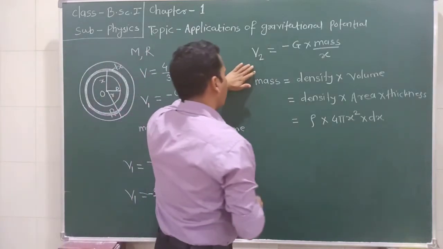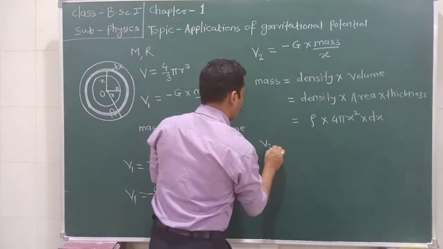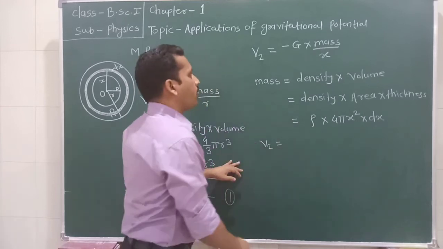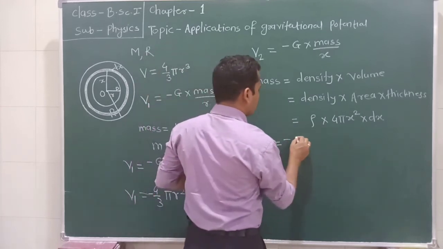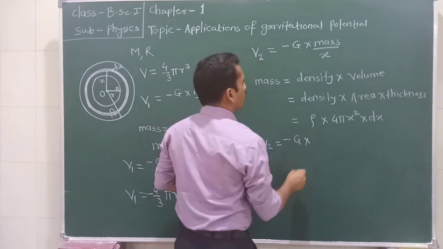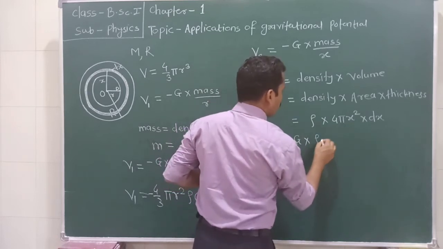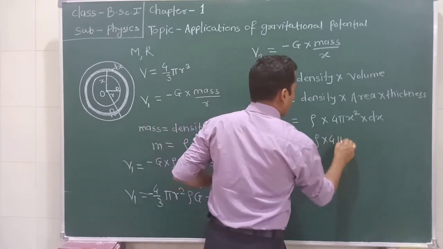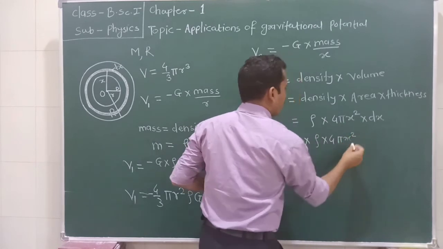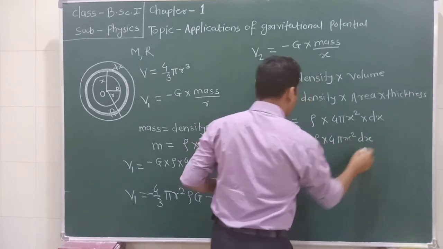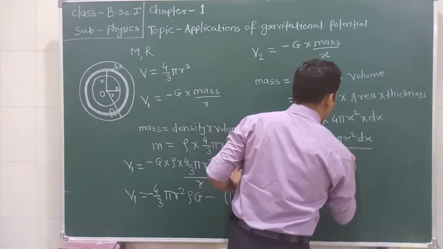Therefore we can write V2 is equal to minus G into mass, which is rho into 4 pi x square dx, divided by x.